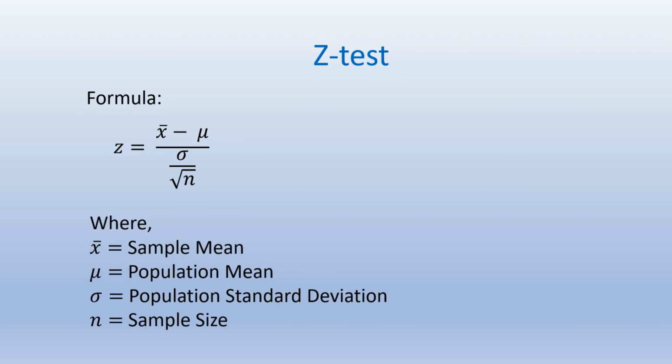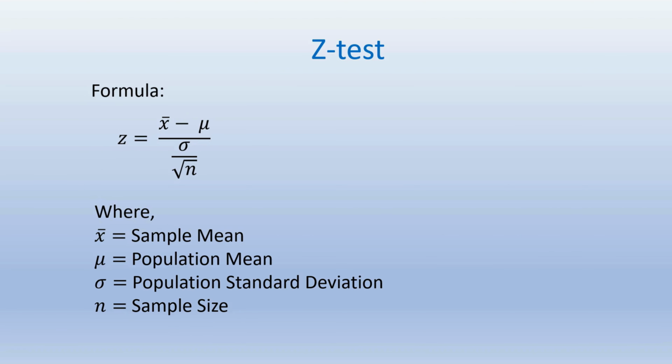Before we go on to the actual calculation, let us see how the z-statistic is actually calculated. It is calculated using the formula z equals x bar minus mu divided by sigma by root n, where x bar stands for sample mean, mu is the population mean, sigma the population standard deviation, and n is the sample size.